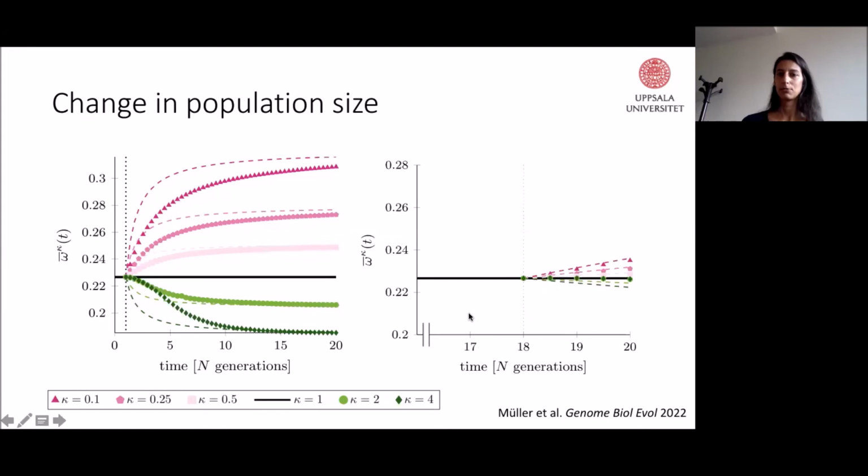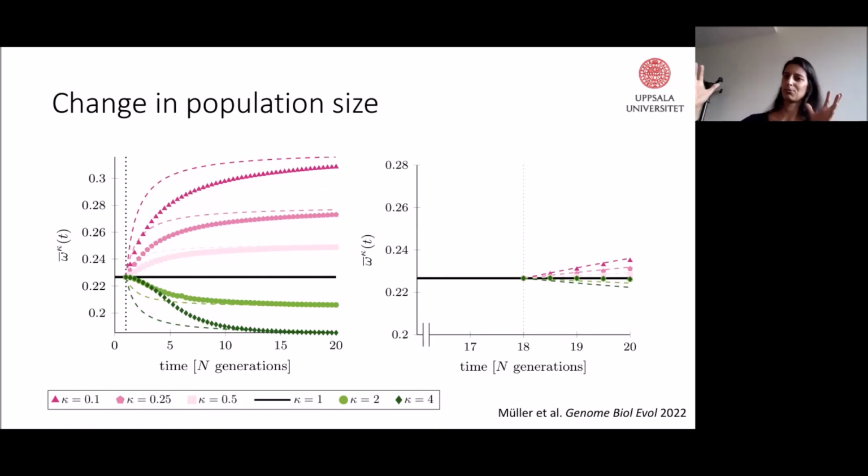If we then place our change at t star 18, so we have 18 time steps of the blue interval, it becomes quite pronounced. We almost don't see any signature of the change in population size in our estimate of omega. This is important for data analysis, because what we're often interested in is what happens if a population moves to an island.